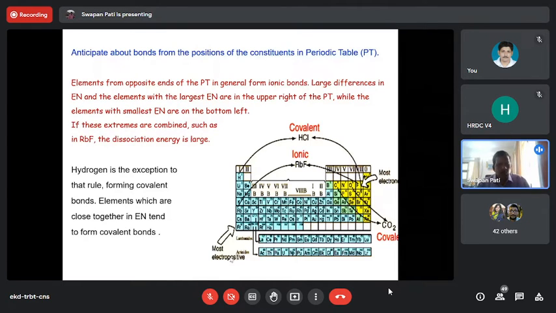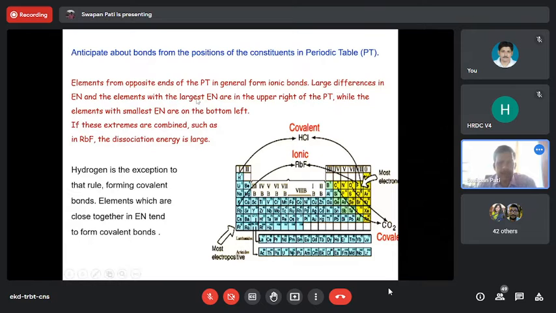In fact, there has been so much information from this chemical theory, molecular orbital and valence bond theory. The periodic table, for example, I've put here a periodic table. Hydrogen, lithium, beryllium, sodium, magnesium, potassium, calcium, rubidium, these are on the left side, and elements like oxygen, fluorine, sulfur, chlorine, these are all on the right side. Elements from opposite ends of the periodic table in general form ionic bonds, with large differences in electronegativity.